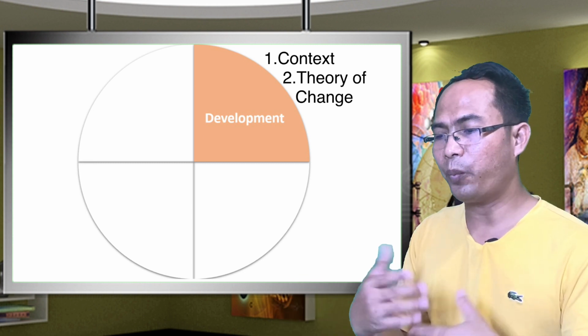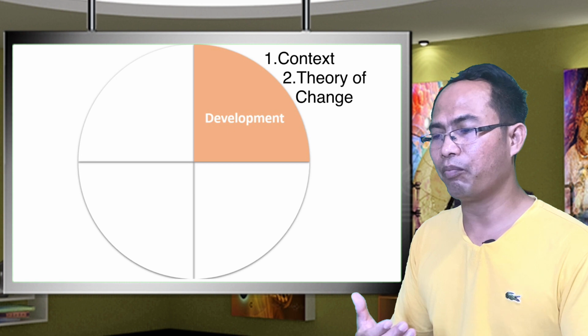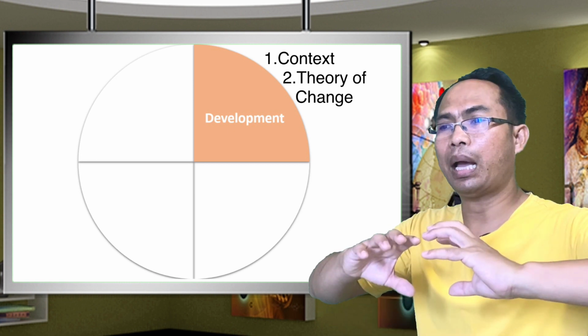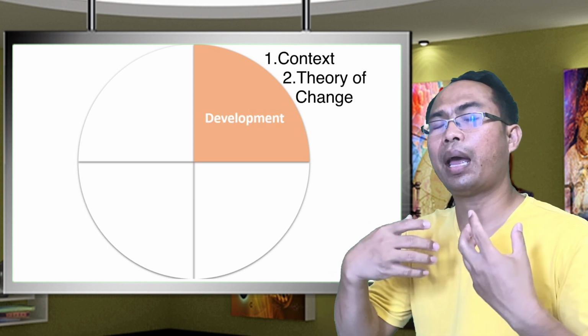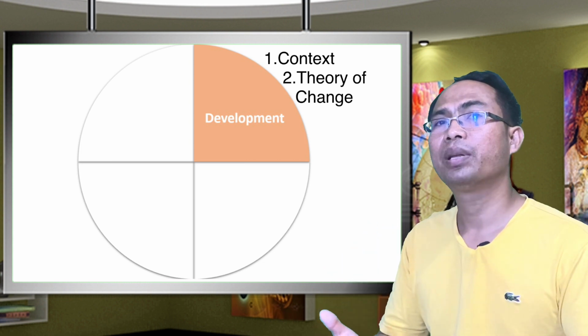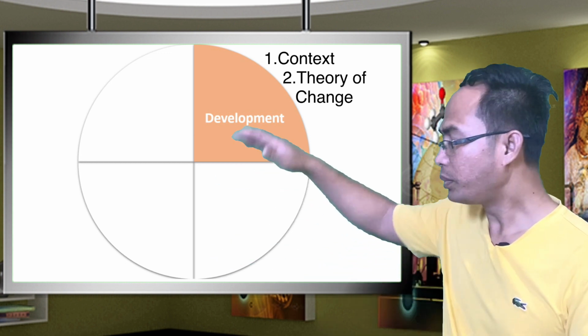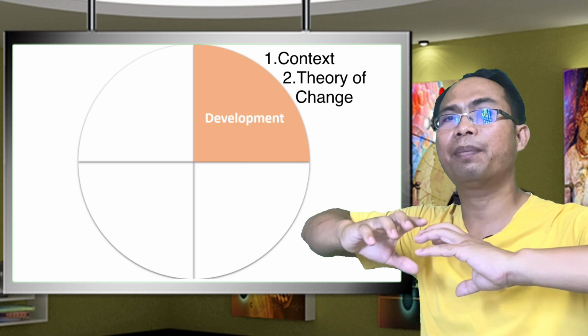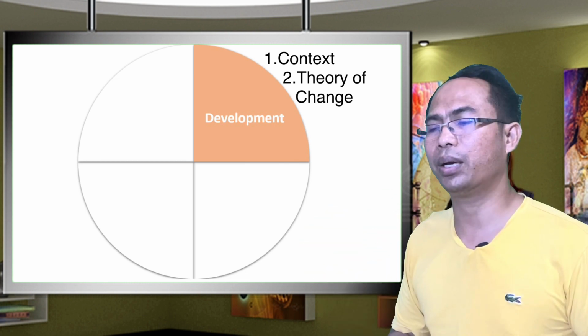When we talk about the theory of change, we are talking about the project activity, project output, project outcome, and impacts. I believe only M&E practitioners have a good understanding of this.